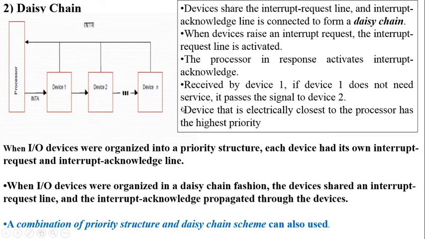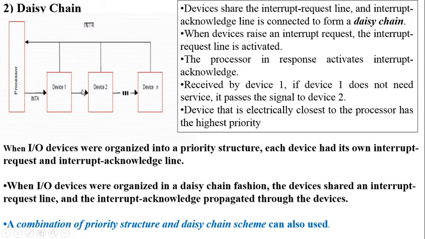Similarly, suppose device 2 and device N simultaneously place an interrupt request, and the processor accepts the request and generates an interrupt acknowledgement signal, which is directly moved to device 1. Device 1 checks the acknowledgement and identifies that it has not placed any interrupt request, so it receives and passes that acknowledgement to device 2.